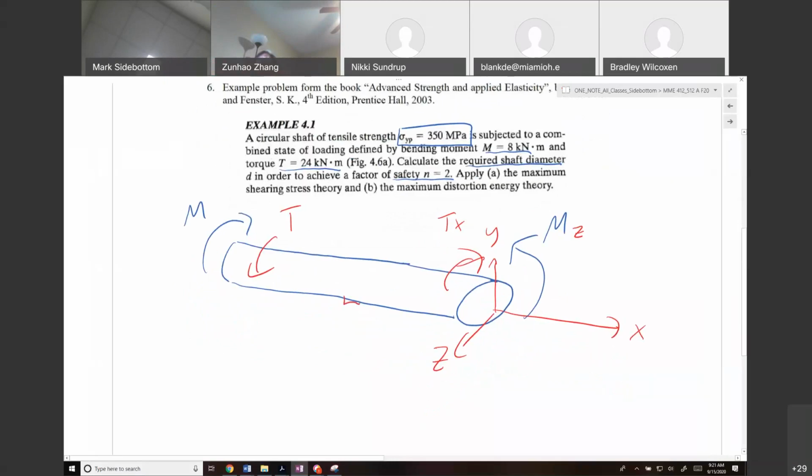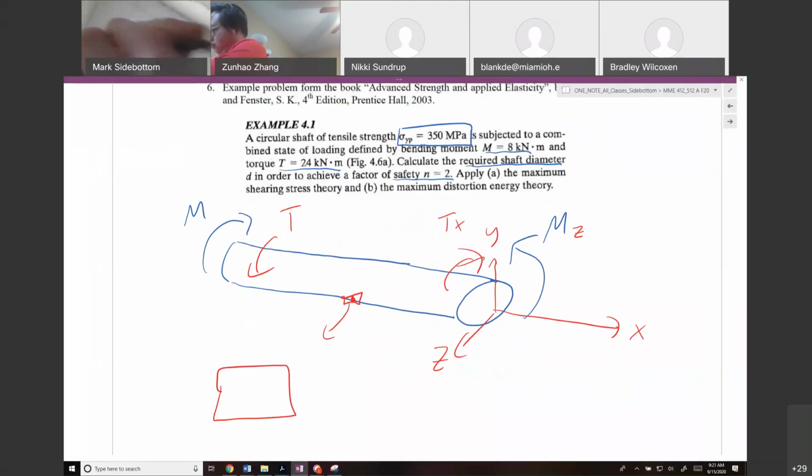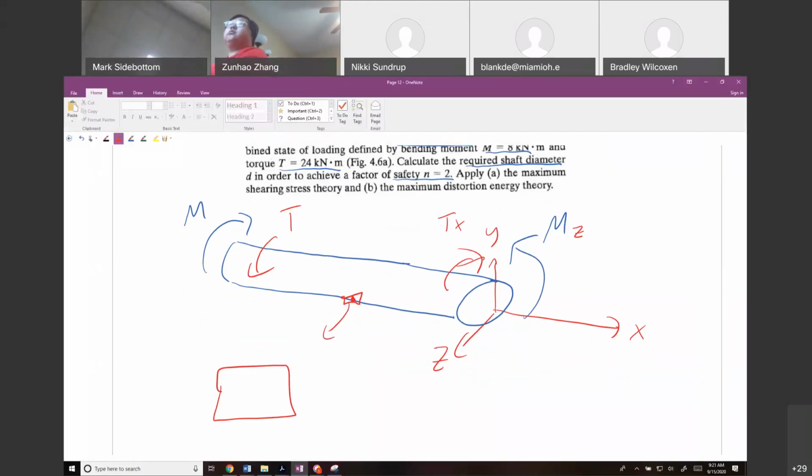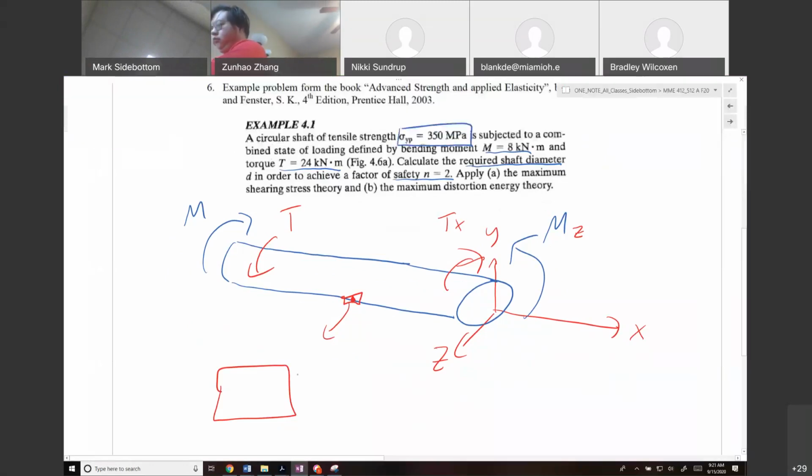Okay. So if we look at a point on our cylinder, or on our rod, I'm going to draw the stress element at that point. We have the stress due to the torque, which is going to create a shear stress.